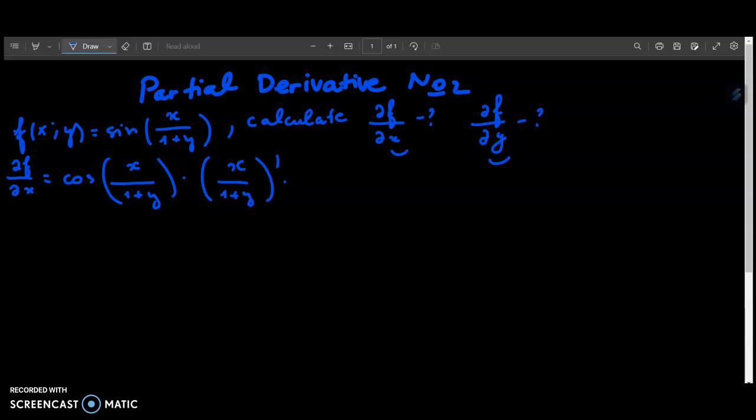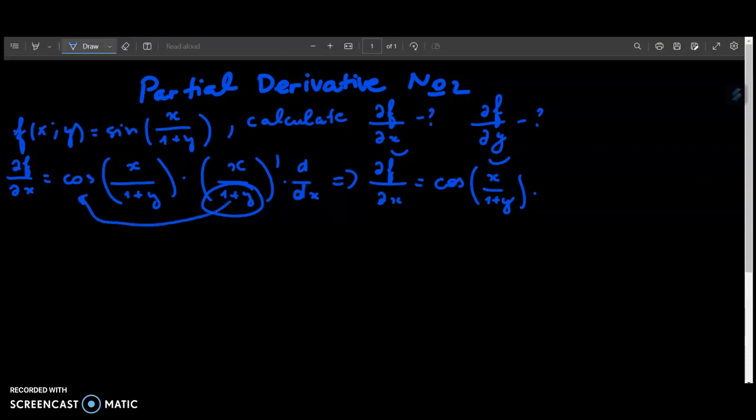You can write the derivative as a prime, or you can write d divided by dx, right? This is not a problem here. So we have df, delta f, divided by delta x, equal to cosine of x over 1 plus y, multiplied by the denominator part, which we can just take out of the bracket and use as a constant because we are taking the derivative with respect to x.